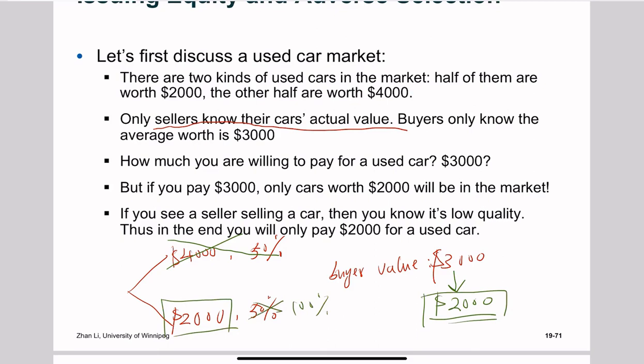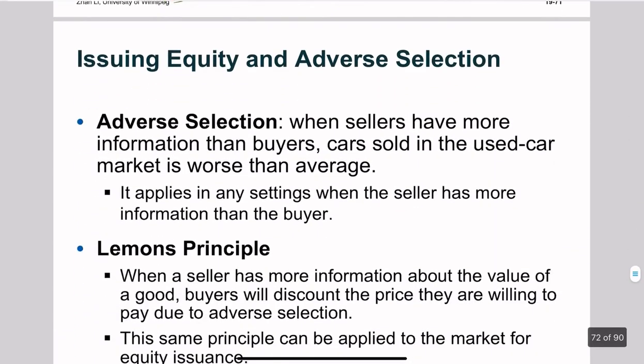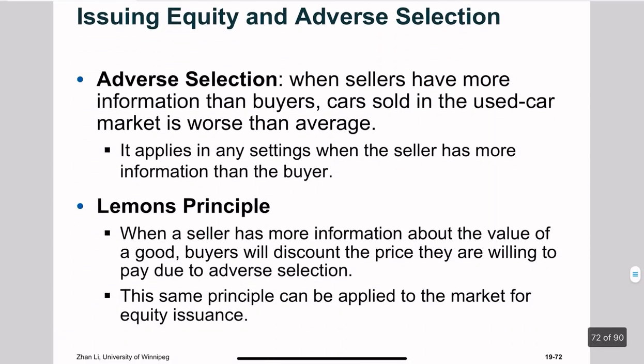And the equilibrium will be like this, right? Sellers will only sell $2,000 cars. Buyers will pay $2,000 for a used car. So this is called adverse selection. It happens when sellers have more information than buyers. Why is this called adverse selection?